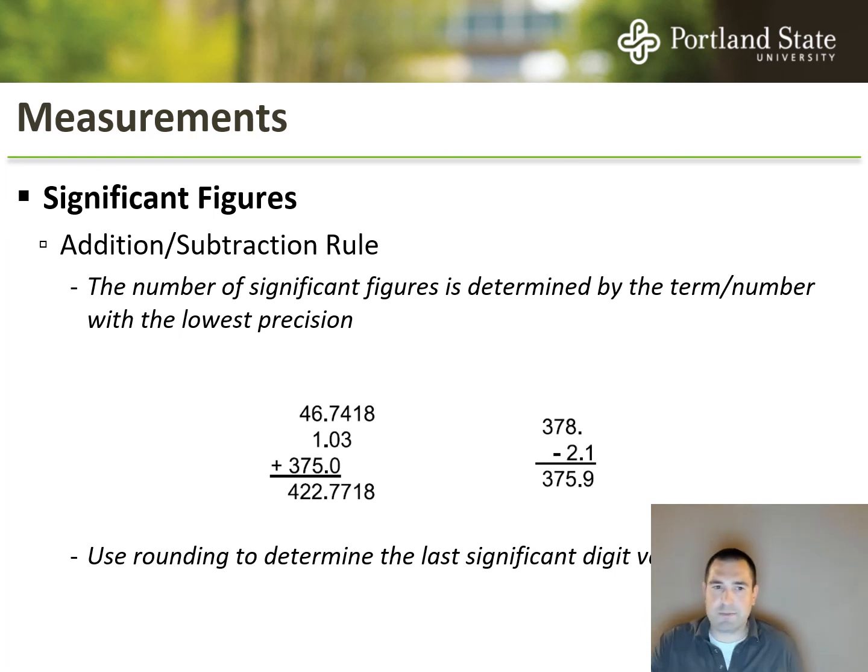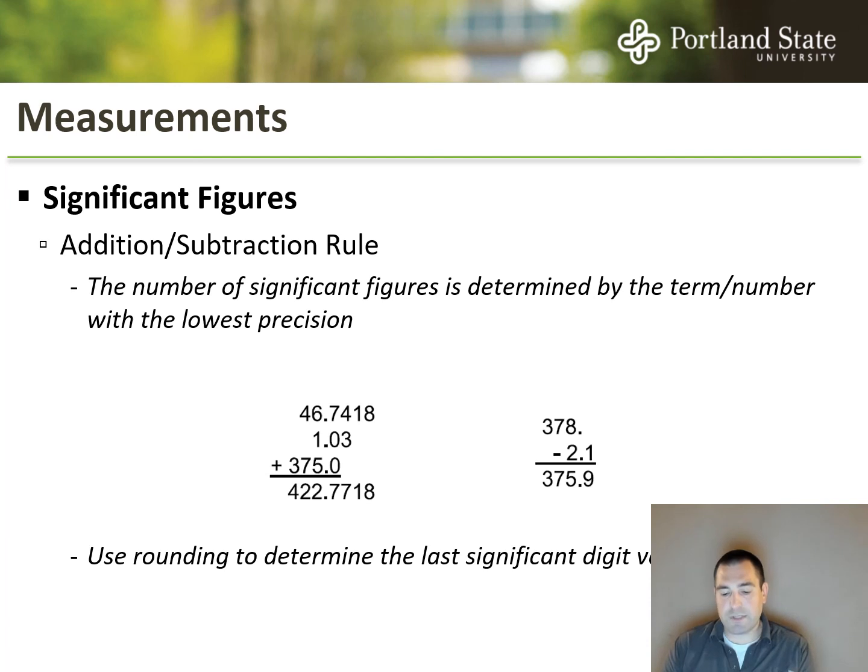So basic significant figures rules would be, if you're adding or subtracting, you simply go with the least precise number. That governs what your final answer would be. So in the example on the left-hand side, we've got three different numbers being added together.